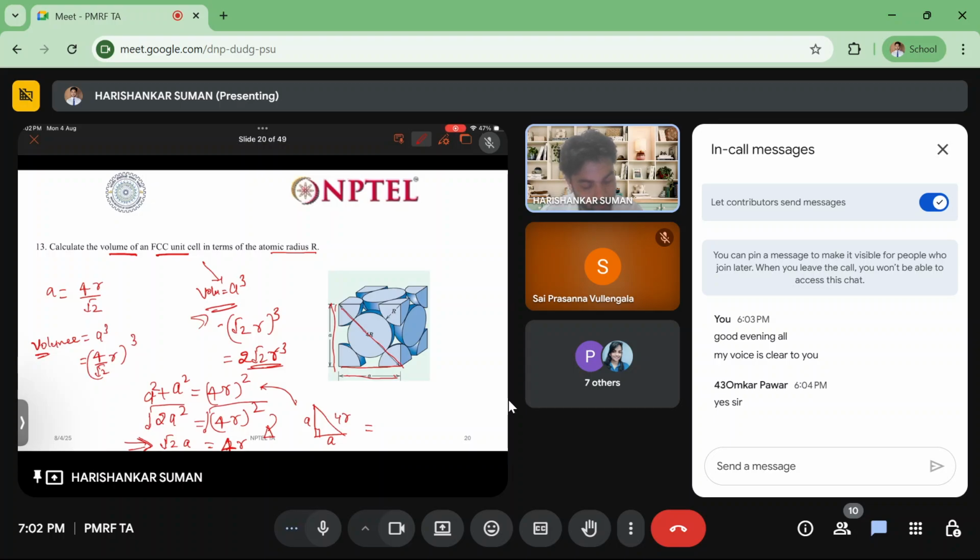This is cube. 4 into 4 into 4 R cube divided by root 2 into root 2 into root 2. This will be 2, 2 times 2 is 4, 2 times, and this is 16 root 2 R cube will be the volume.